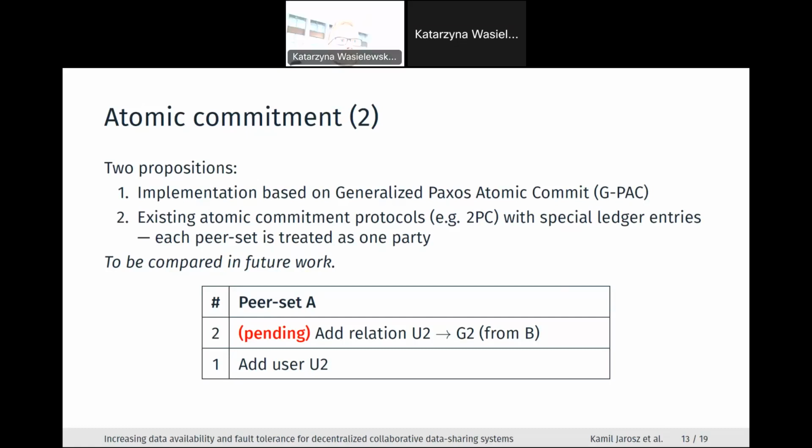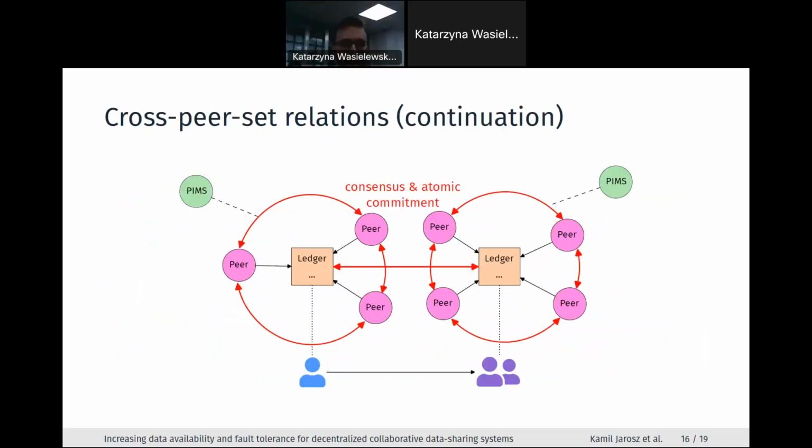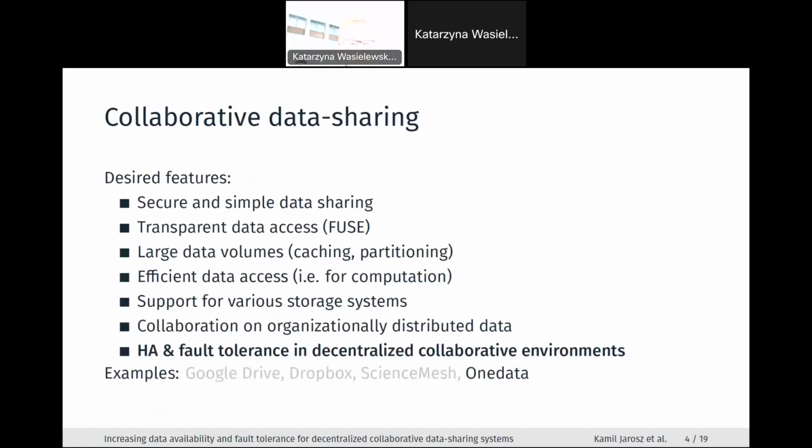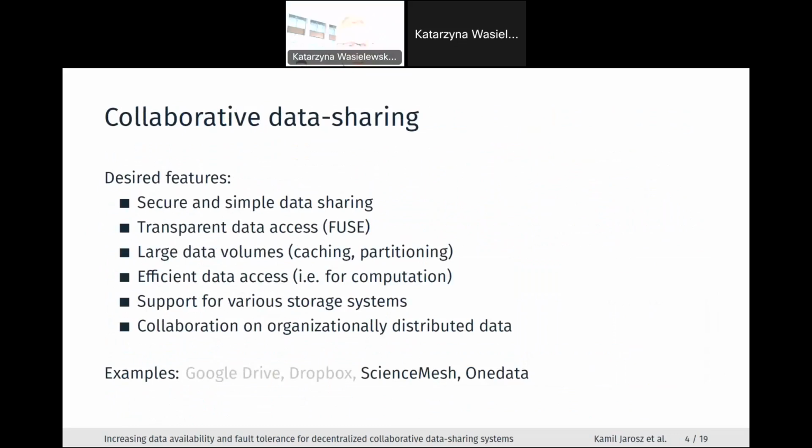I have one question. This architecture that you propose is for OneData, yes. But can it be generalized also to other solutions that you mentioned? Yeah. There are not many solutions that use the features that we mentioned here. There's Science Mesh, but Science Mesh has very basic features.